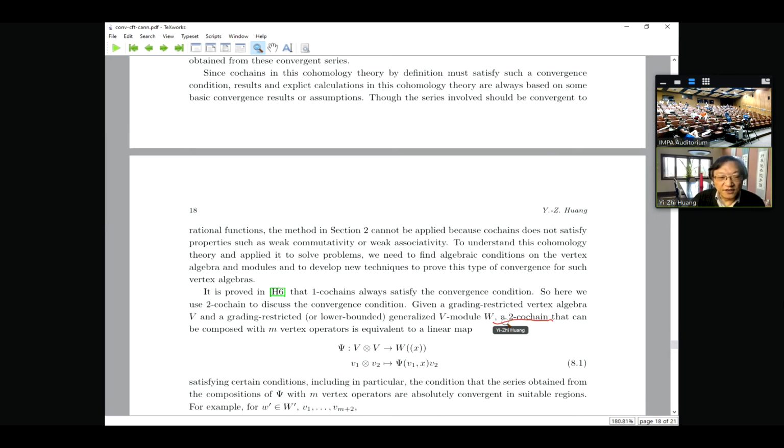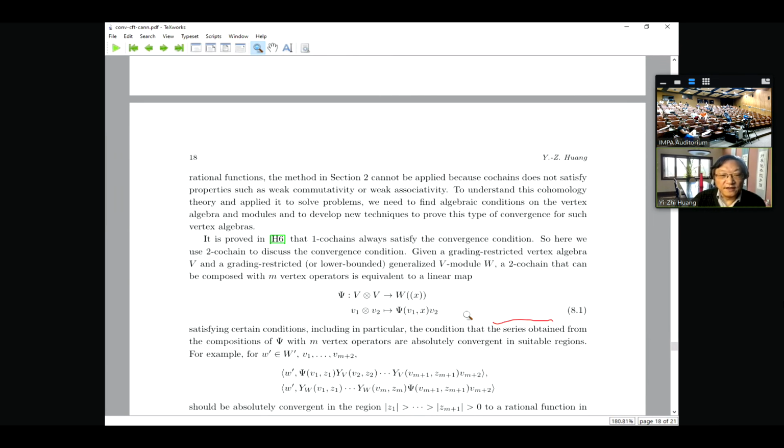A two cochain actually corresponds to such a map. Certainly the original definition is not such a map, but you can show that two cochains correspond to such a map, which looks similar to a vertex operator map, but it does not satisfy the property for vertex operators.